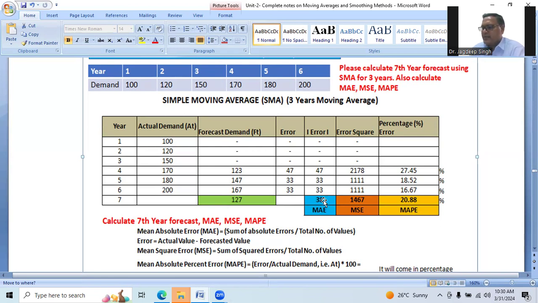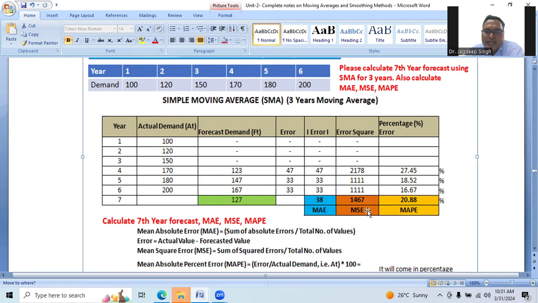Let's calculate it to check whether the data is correct. 47 plus 33 plus 33 is 113. 113 divided by 3 gives us 37.66. Rounded off, that is 38. So it is MAE. If you don't want to round off, let it be 37.66. It's okay, right?